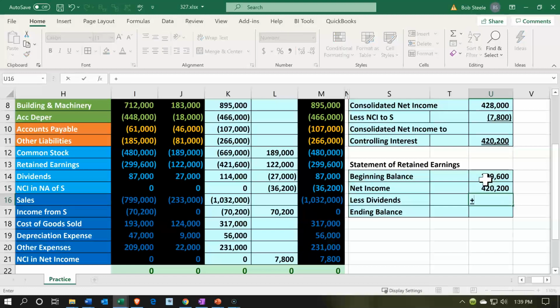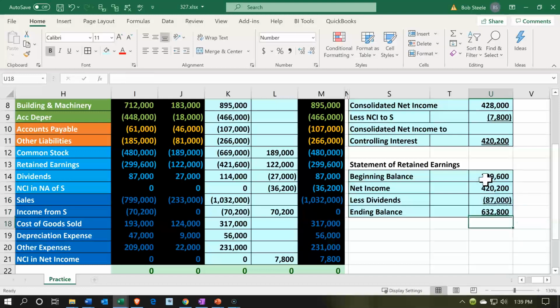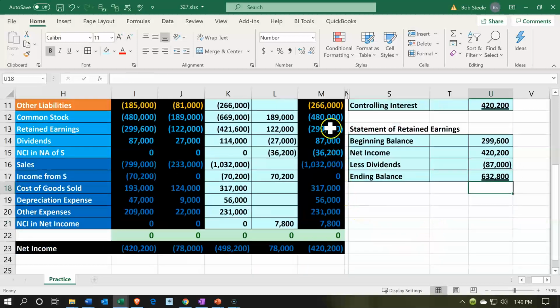So for the dividends, let's do a subtraction, that 87,000. That means the ending balance, if we sum this up, is that 632.8. So the 632.8 on the retained earnings, and you'll recall, is all of this not including the non-controlling interest.